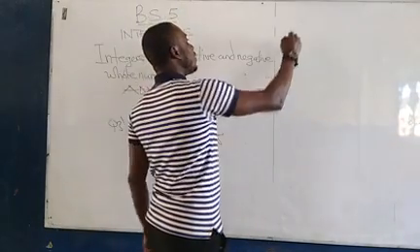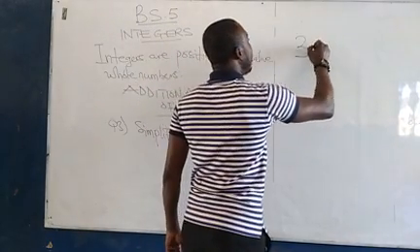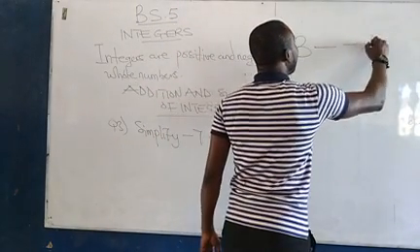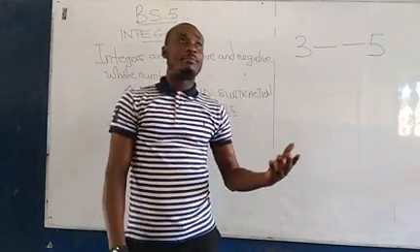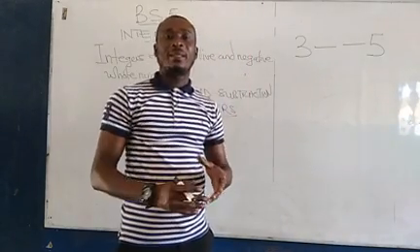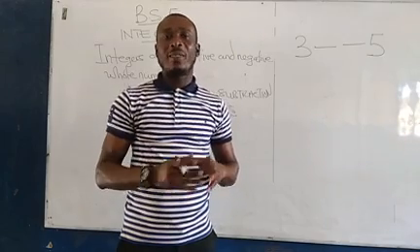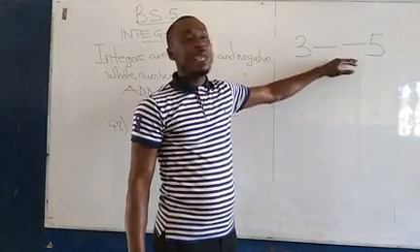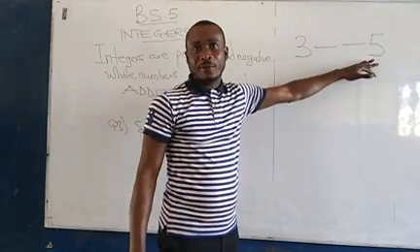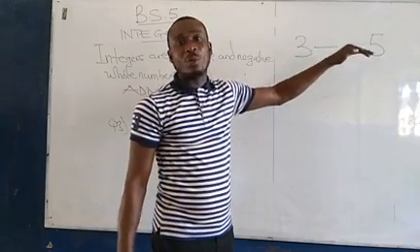Let's assume you have 3 minus negative 5. Here, we need to be a bit careful with our reasoning. Here we have 2 negatives in between 3 and 5.